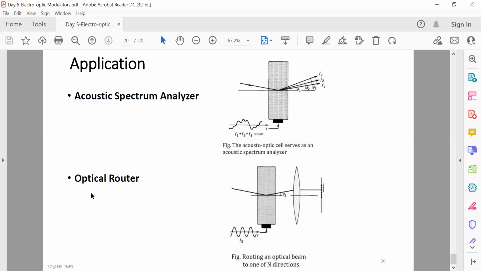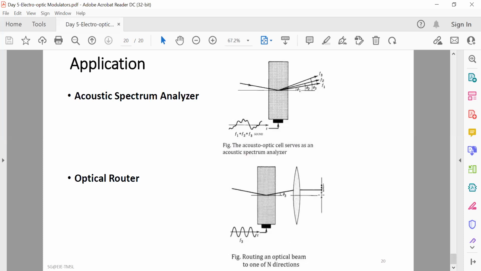The cell is driven with a frequency of the acoustic wave which is one of the possible values like f1, f2, f3, and so it deflects an incident optical beam to one of n corresponding directions like theta1, theta2, theta3.